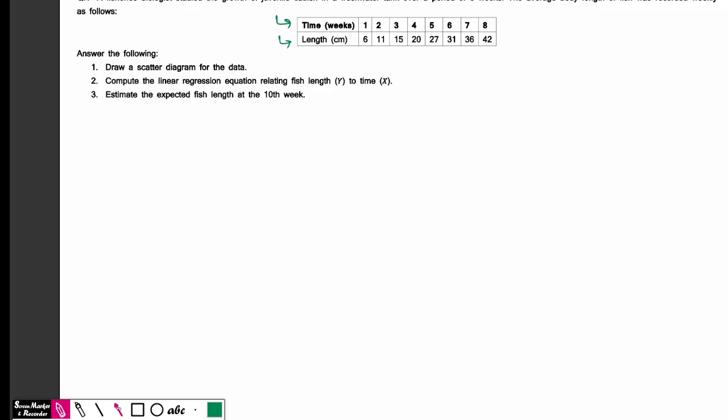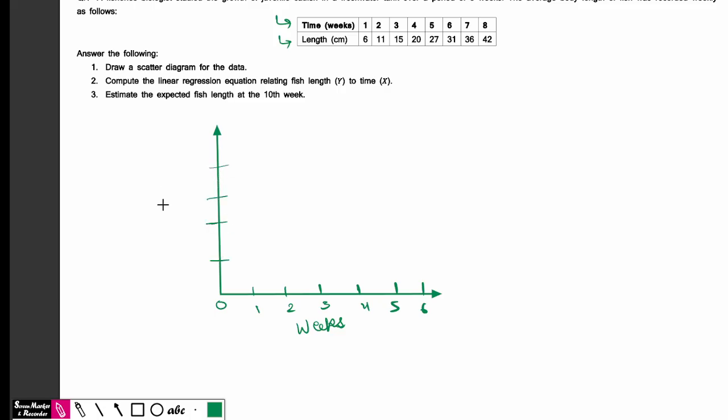How do we create a scatter diagram? First of all, we take the x-axis, then we have to draw the y-axis, and then here we can plot, let's say, weeks. So suppose I start from 0, then 1, then 2, 3, 4, 5, 6, like that way. It can even extend to 8. And here I will be plotting the length of body in centimeter.